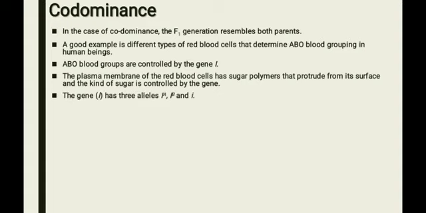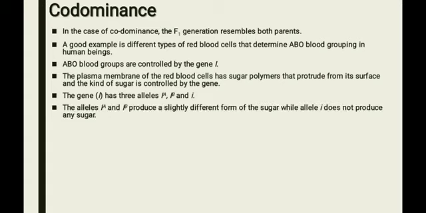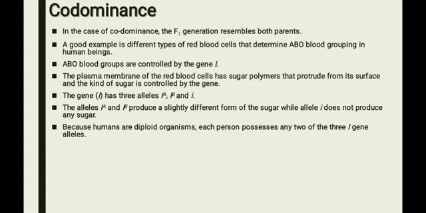The gene I has three allelic forms: IA, IB and i. The alleles IA and IB produce slightly different forms of the sugar, while i does not produce any sugar. Because humans are diploid organisms, each person possesses any two of the three I gene alleles.